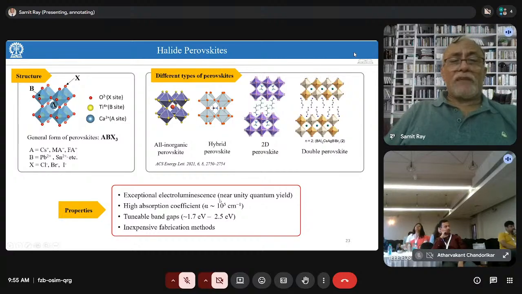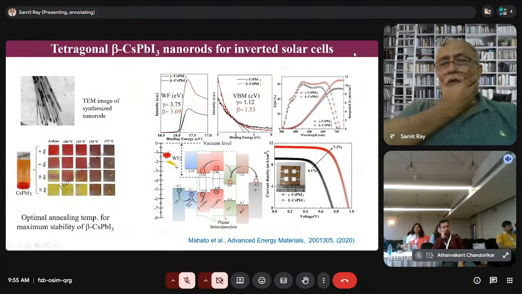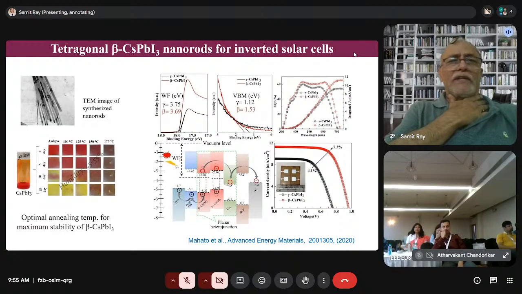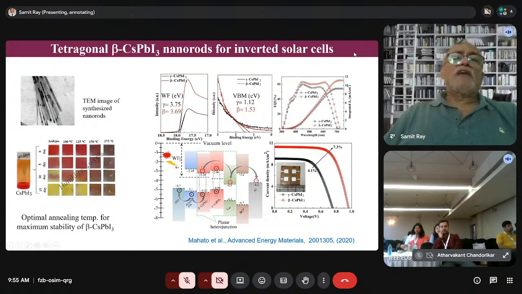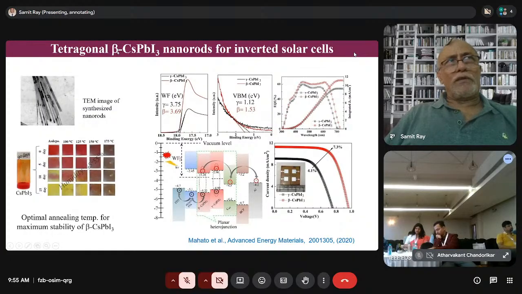This perovskite has exceptional properties. They have a high absorption coefficient. The first material that we used was cesium lead iodide with a beta phase. I told you there are many phases. So this is the beta phase in cesium lead iodide nanowires. And as you see, this is all at room temperature, in atmosphere.